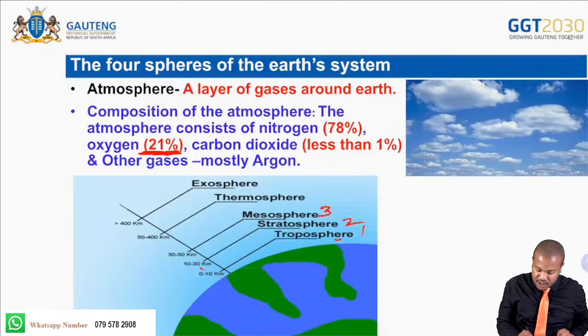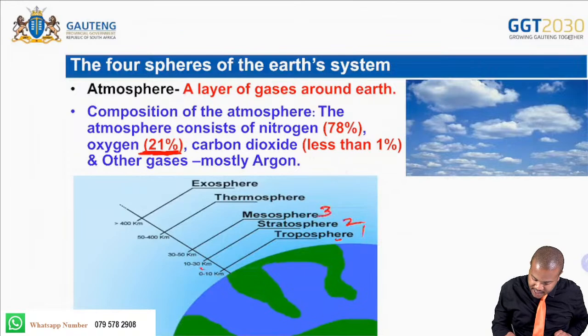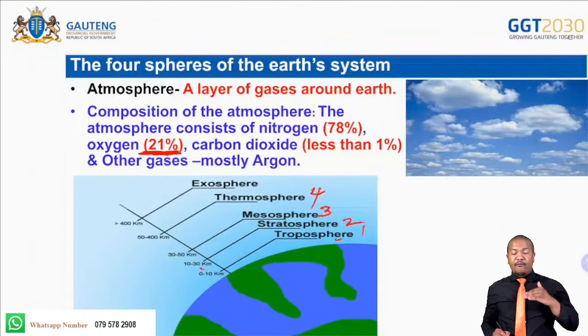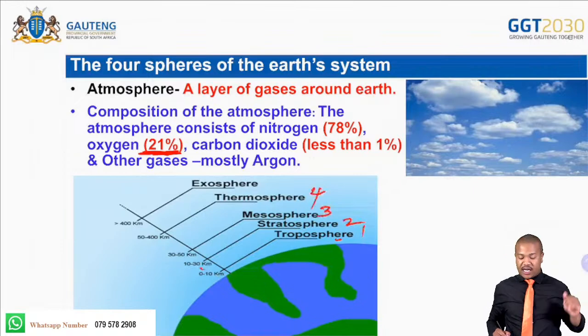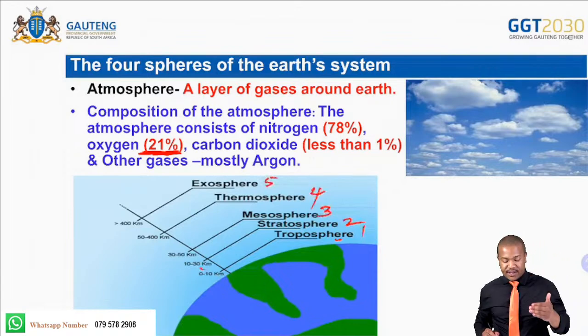Then from 50 to 400 kilometers, that's where we get layer number 4, which is the thermosphere. Then from above 400 kilometers going all the way into space, that's where we find our 5th layer, our exosphere.